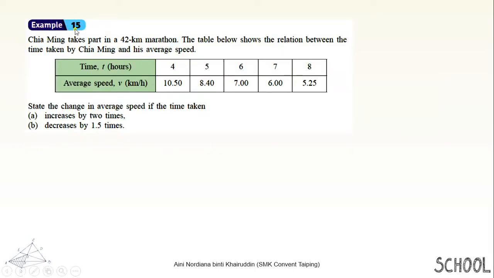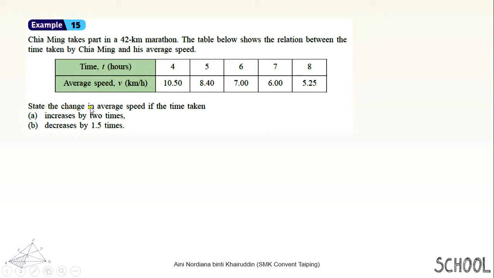Have a look at example 15. Xiaming takes part in a 42-kilometer marathon. The table below shows the relation between the time taken by Xiaming and his average speed. So this is the time and this is the average speed. As you can see, when the time is increased, the average speed will decrease.